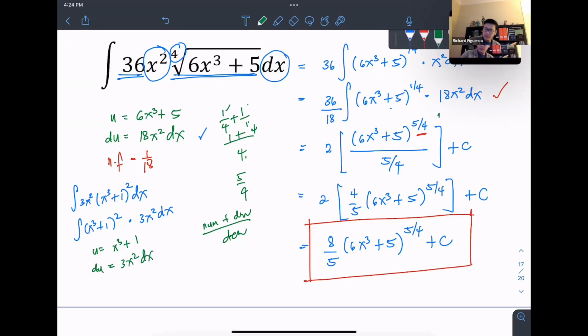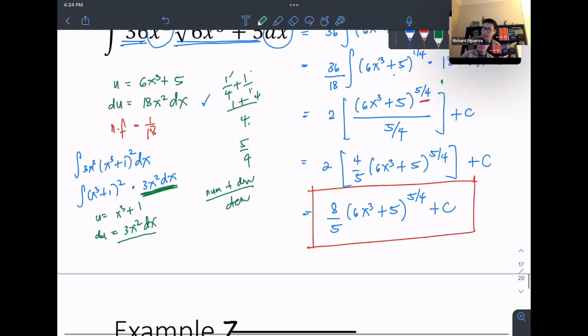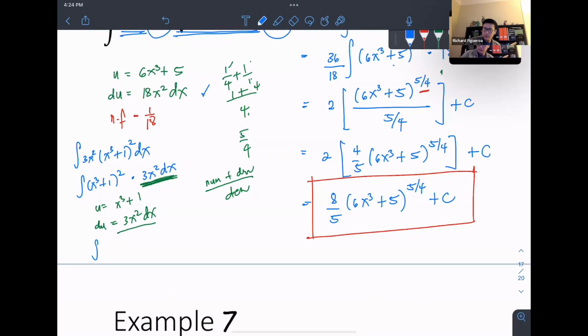So what happens? This du, it's the same as this. So if that's the case, you don't need a neutralizing factor. So ang sagot mo na lang dito, so will be right away, x cubed plus 1 raised to 2 plus 1, which is 3, all over 3 plus c. So hindi ka gagamit ng neutralizing factor.